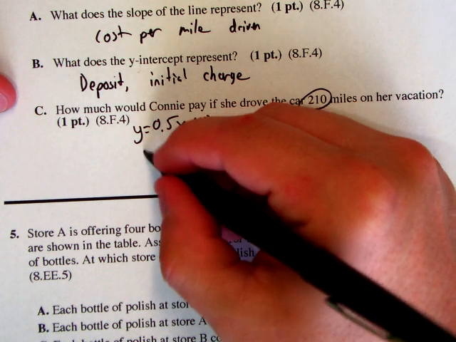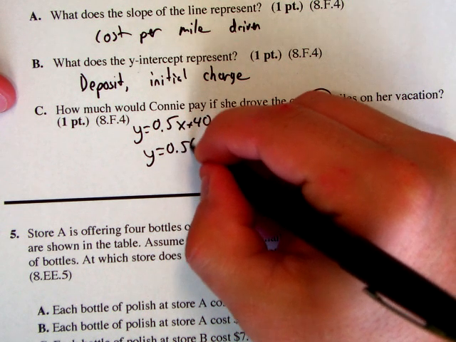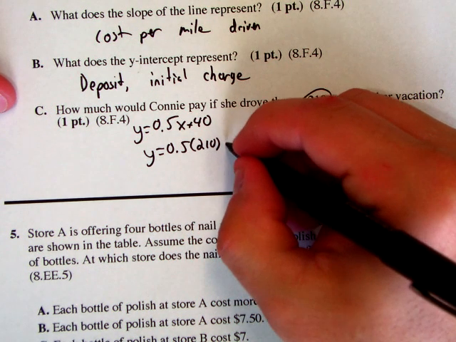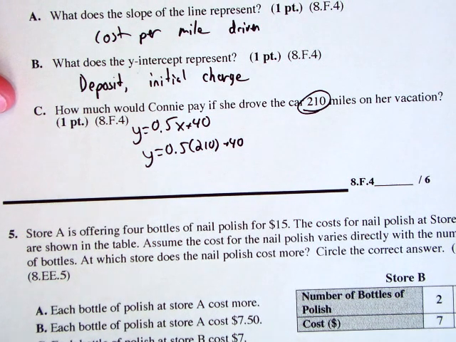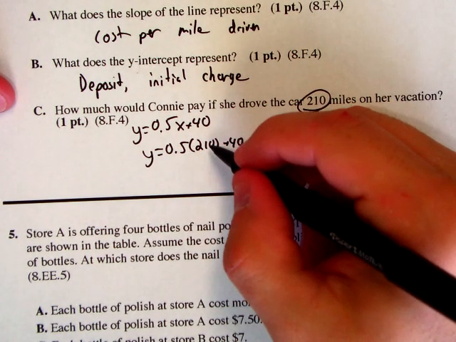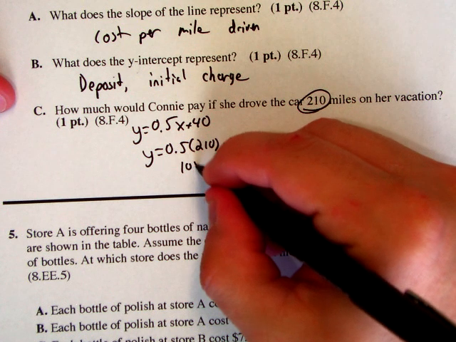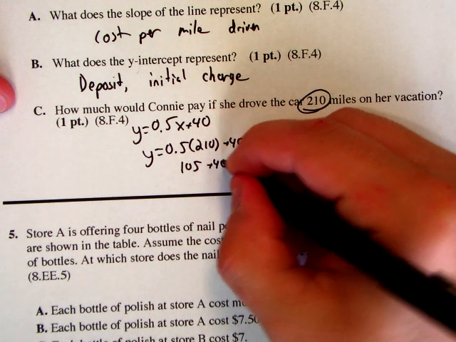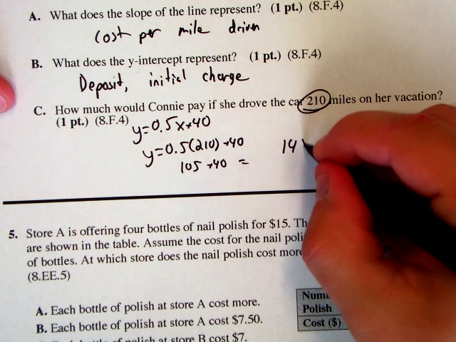So now I have y equals 0.5 times 210 plus 40. 0.5 times 210 is 105. Add them together, I get $145.